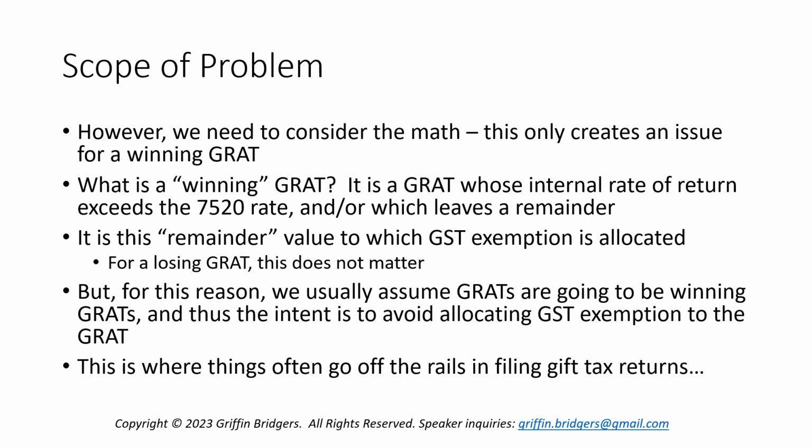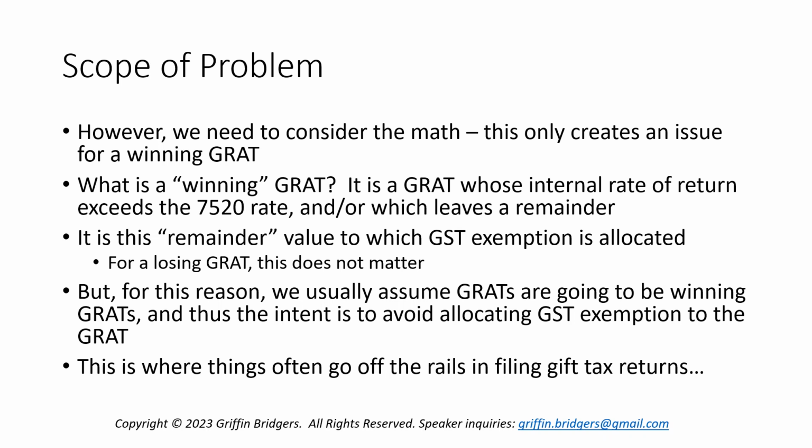So even if you could allocate GST exemption, it's impossible to know how much that remainder value might end up being, and that's why the IRS doesn't really allow the allocation of GST exemption here to begin with. Because of that, and because of the risk that the grantor may die during the term of the GRAT, at which point the assets are included in the gross estate, and there's allocation of GST exemption at death then, regardless. So, all that being said, that's all theoretical.